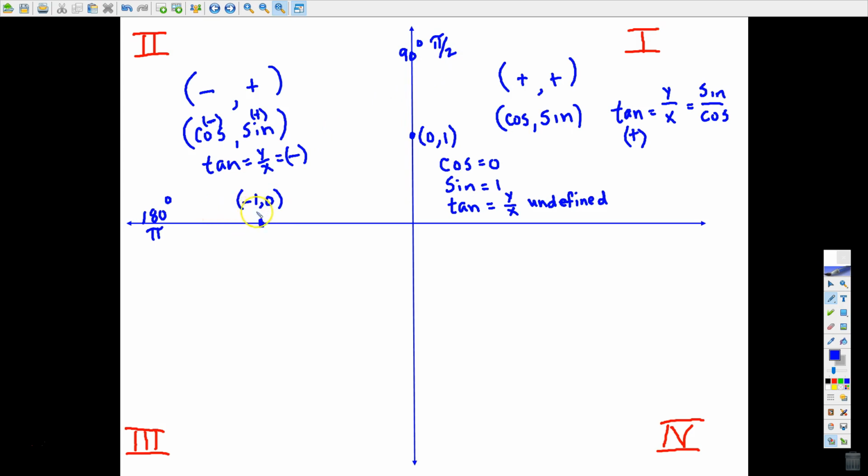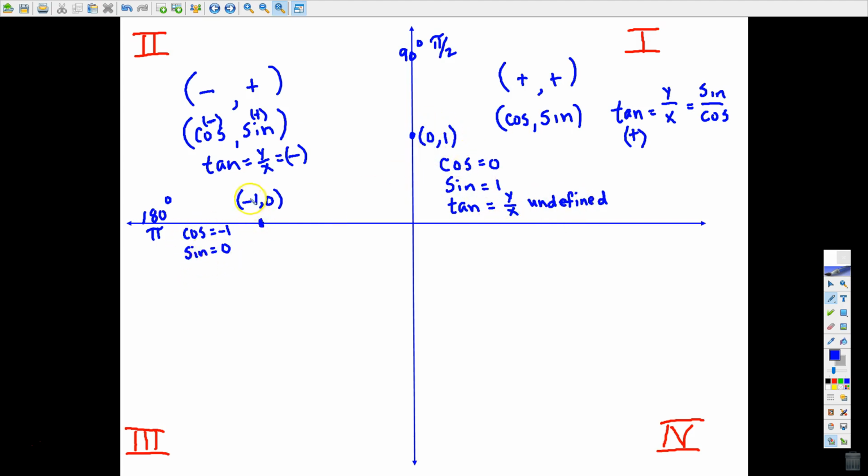Okay, so remember, cosine is x, sine is y. So for 180 degrees, cosine is -1. Sine is 0. That's always true. It's always true for the 90-degree angle that cosine is 0, sine is 1, and tangent can't be done because we can't divide by 0.